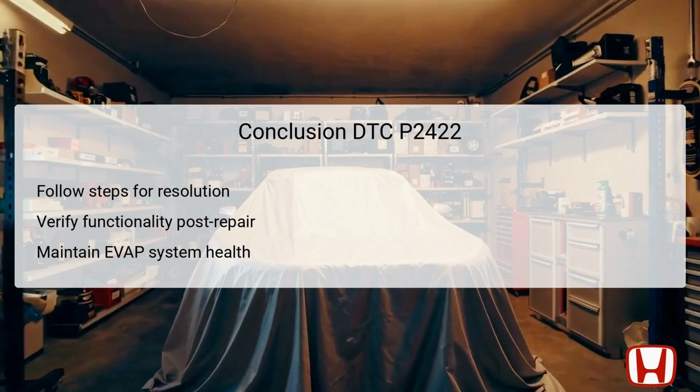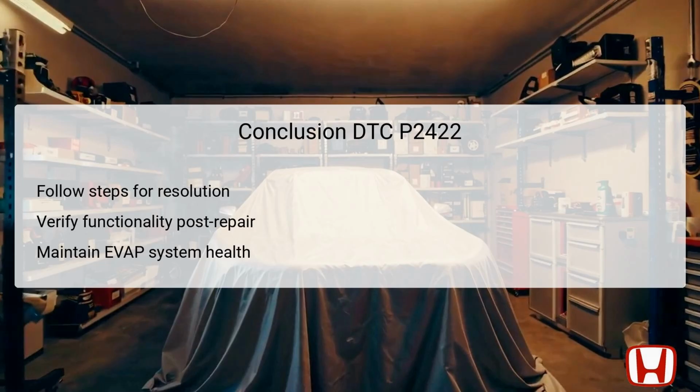In conclusion, troubleshooting and resolving DTC P2422 involves a thorough understanding of the EVAP system's components and their respective functions. By methodically following each troubleshooting step, you can effectively pinpoint the malfunctioning part, whether it be the vent shut valve, FTP sensor, or the canister itself.